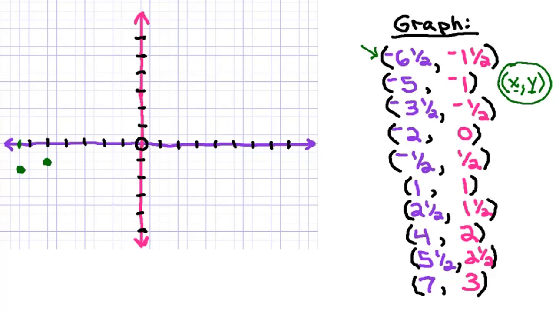Now your next set of coordinates is -3.5 and -1.5. So -3.5 for your x value, you're going to go to the left 1, 2, 3 and a half marks, and then you're going to go down 1/2 for your y value.